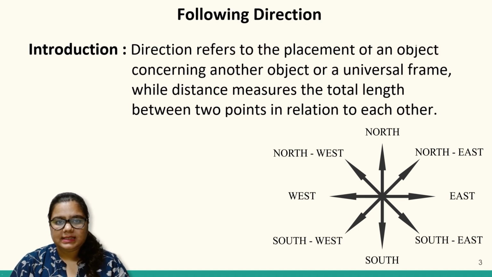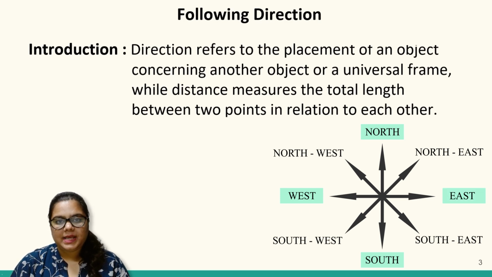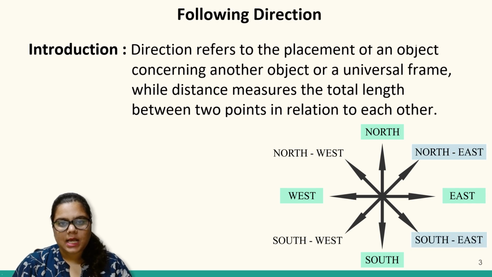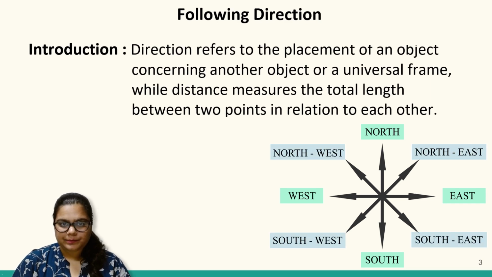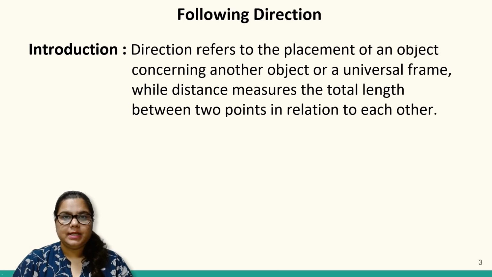So this is the basic diagram of the 8 directions. These are the 4 primary directions: north, south, west, and east. Based on this you have 4 other directions, which are northeast, southeast, southwest, and northwest.